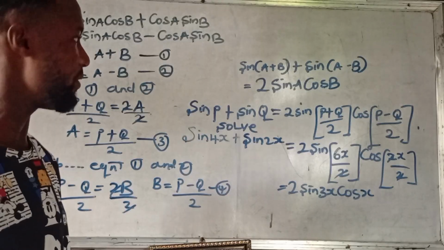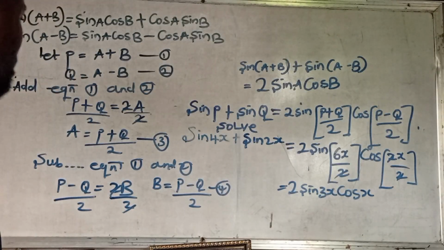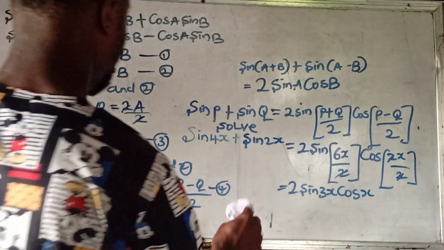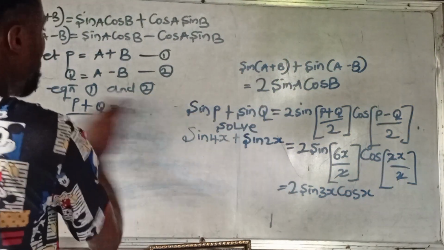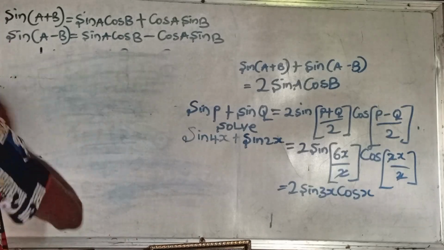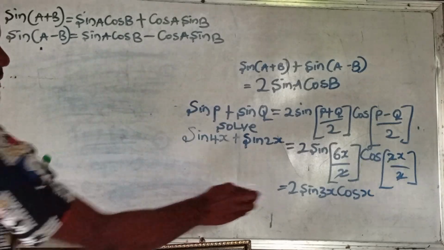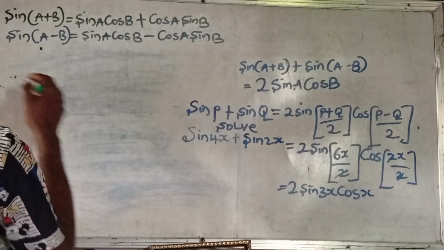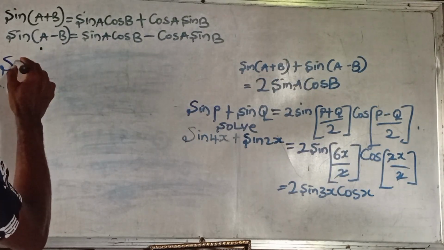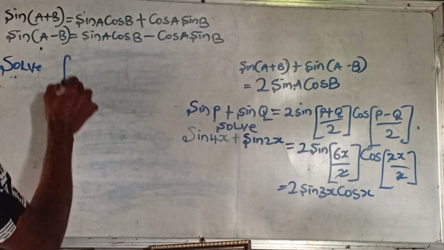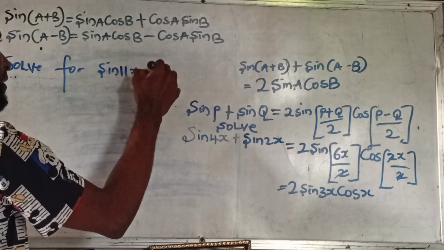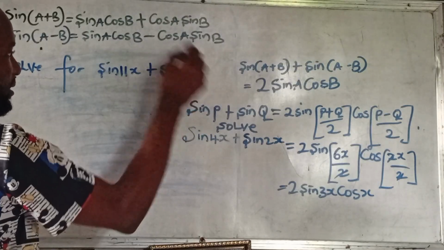Yes. Very simple. We move again. Because of space, I'm going to give you one more question, then we end the video. The next question is: solve for sine 11x plus sine x.